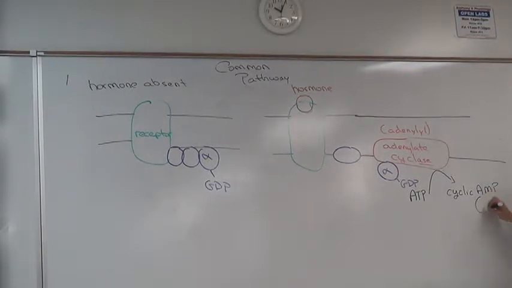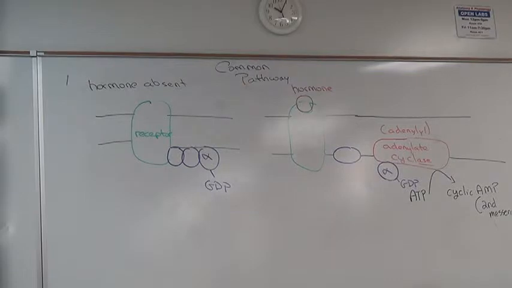Cyclic AMP is in the cytoplasm. This is our second messenger. It can move around inside the cell. Okay. The adenylate cyclase is not the second messenger. It's part of the step of activating the second messenger, and cyclic AMP is now the second messenger.